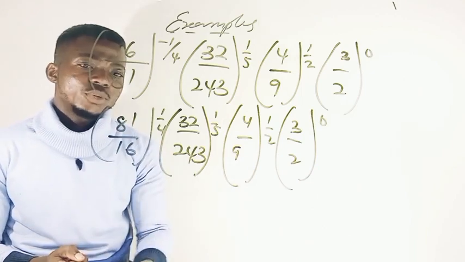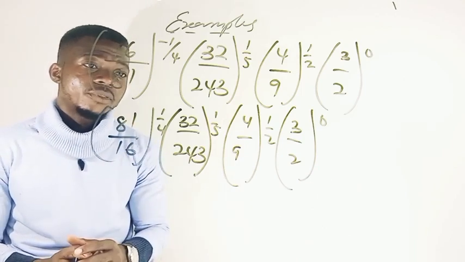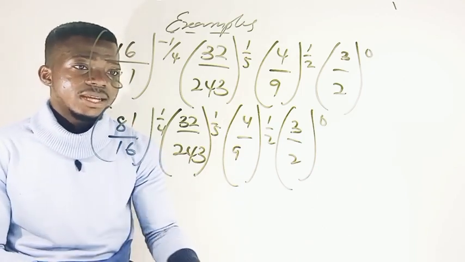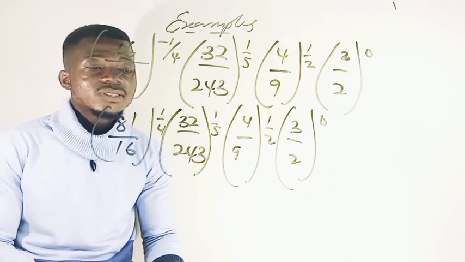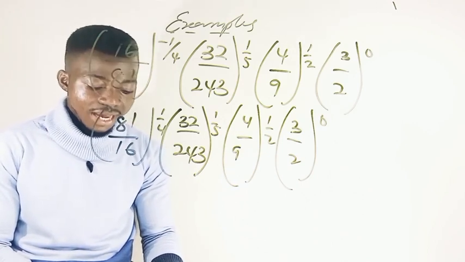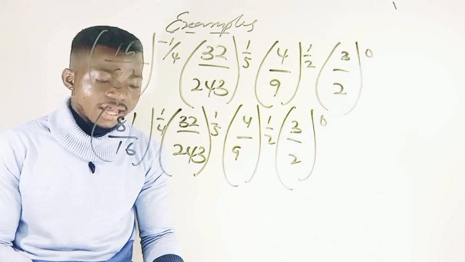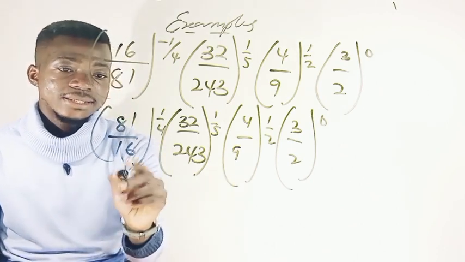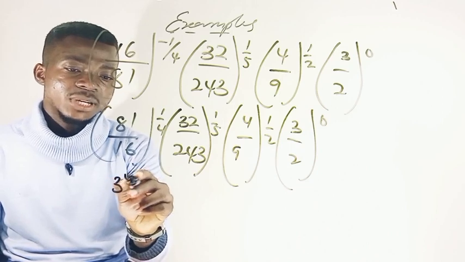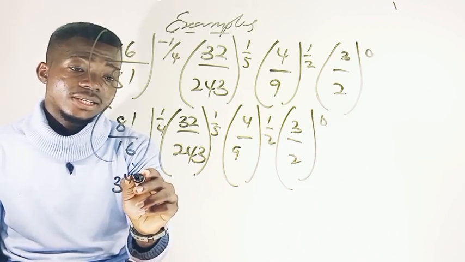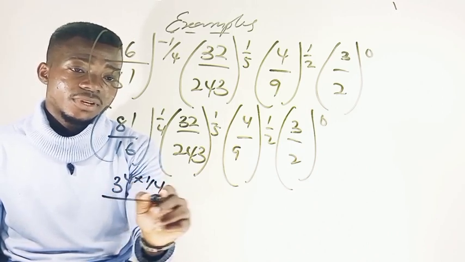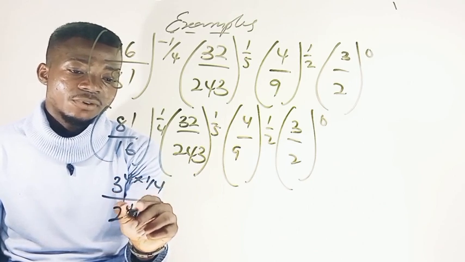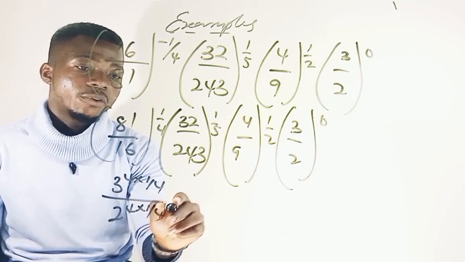Alright? So now we have to take our time and write this one. This is 4. So we need 3 exponent 4, 2 exponent 4. Then we come to this place. 32 will give us 2 exponent 5. And this is 3 exponent 5. We're moving on. So let's do it. Here is 3 exponent 4 times 1 over 4. Here is 2 exponent 4 times 1 over 4.